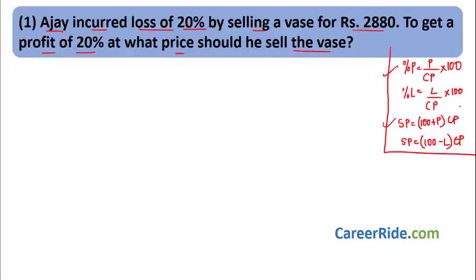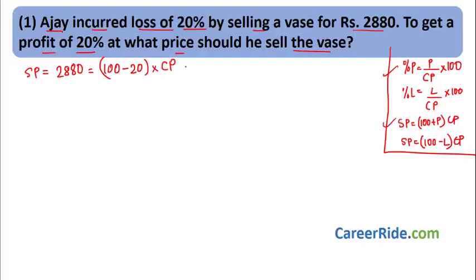Okay, now over here what are they saying? Ajay incurred loss of 20% by selling a vase for rupees 2880. So what is the selling price over here? 2880. What do we know? They have given the loss percentage, right? Do we know the cost price for the vase? No. Let's see if we can find it out. Selling price is 2880. We know the selling price formula, 100 minus the loss percentage, that is 20, multiplied by cost price.